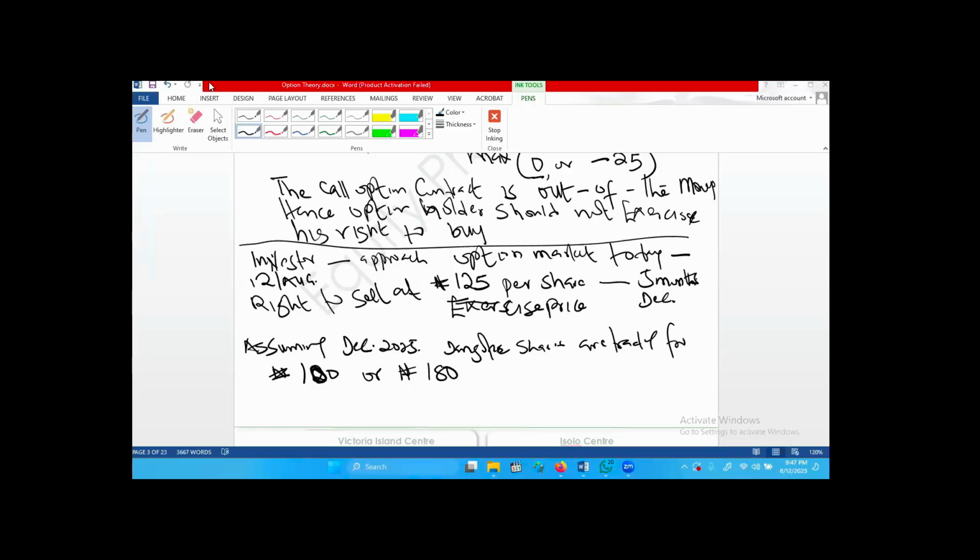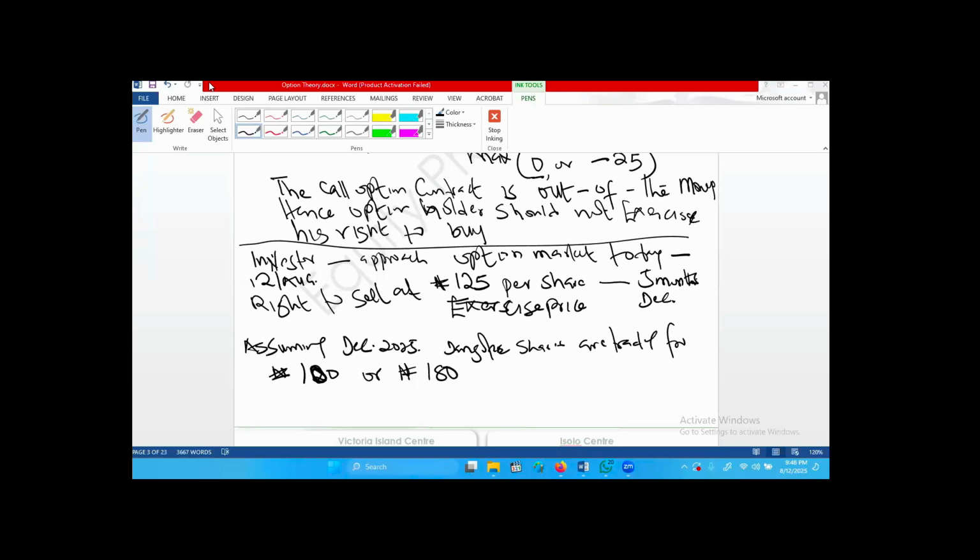You have obtained a right to sell your shares for 125 naira. Wait. No, the right answer is yes. The appropriate answer is yes. You have obtained a right to sell your shares for 125 naira in December.